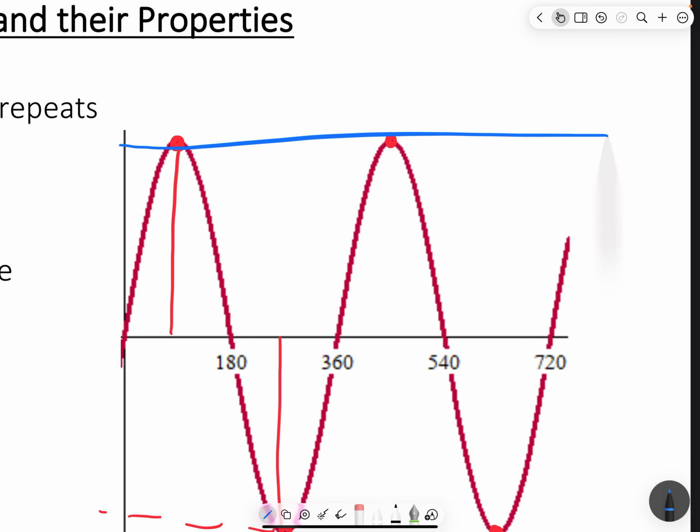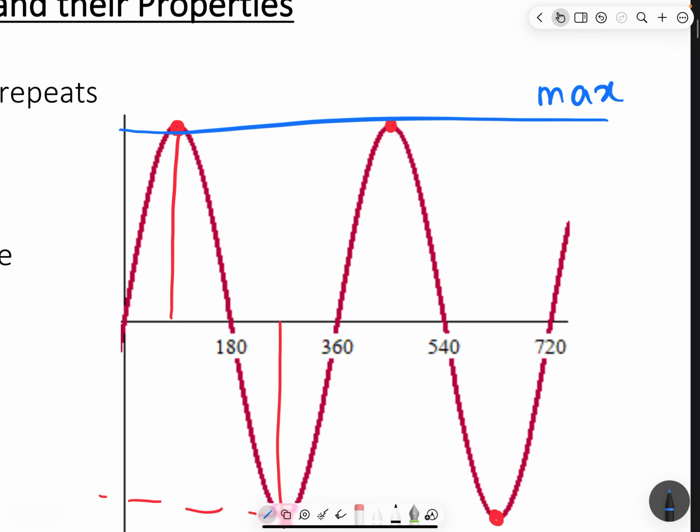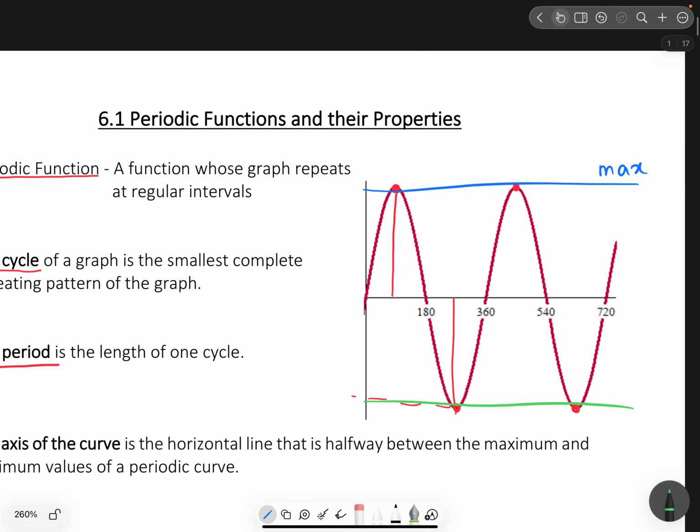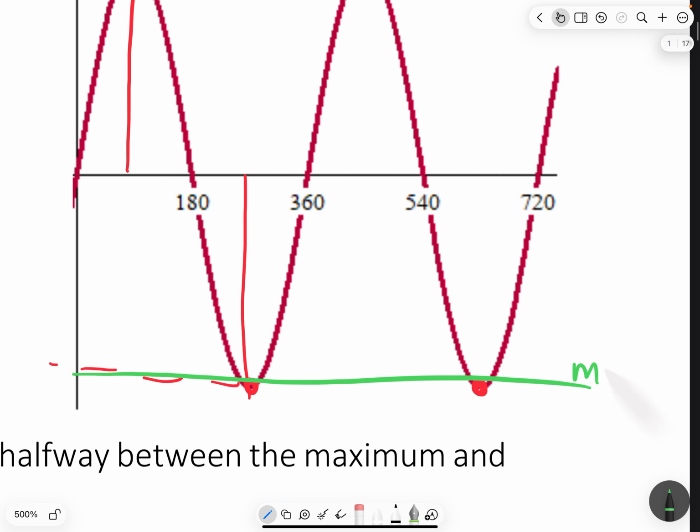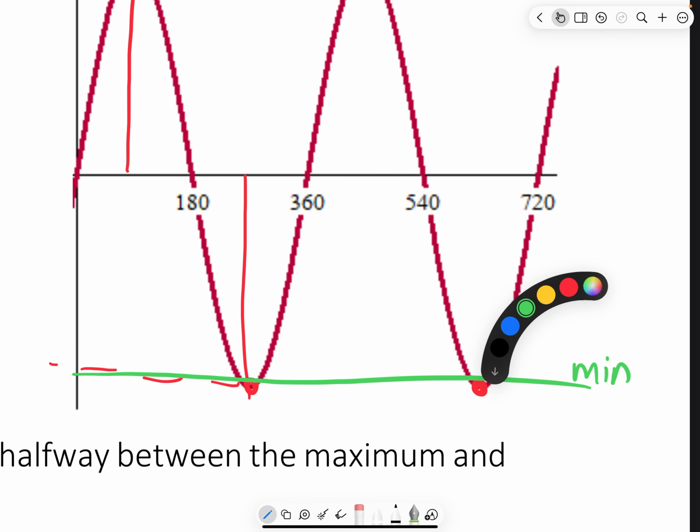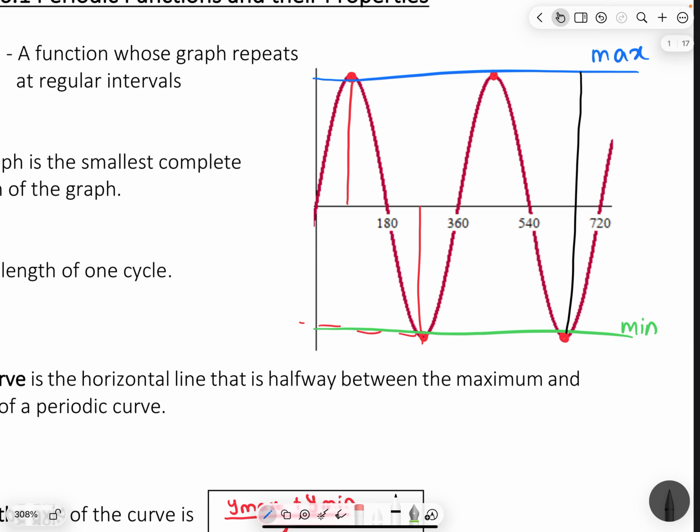The blue line represents the maximum value, whereas the green line represents the minimum value. The black line represents the difference in value between them. So if you do y max minus y min, you get the difference between the maximum value and the minimum value.